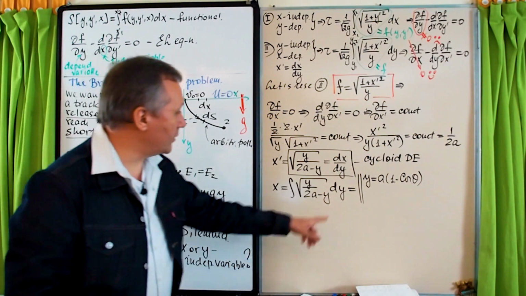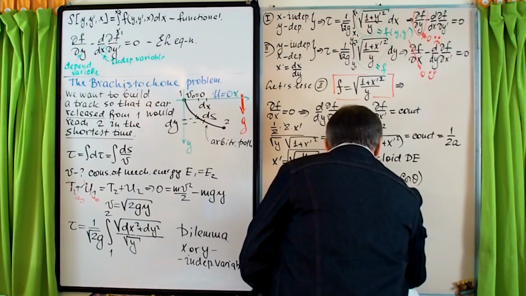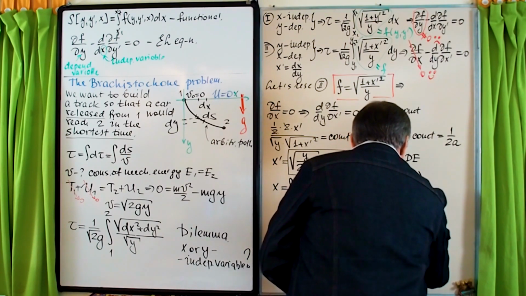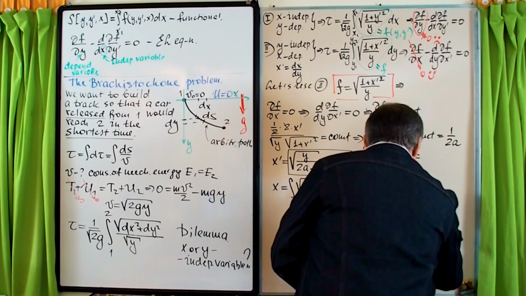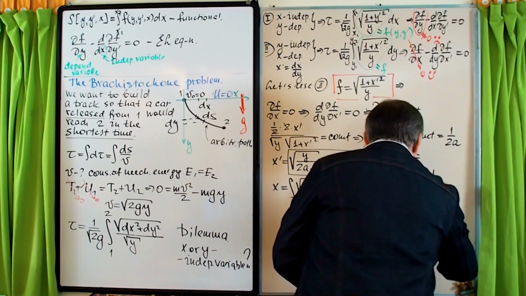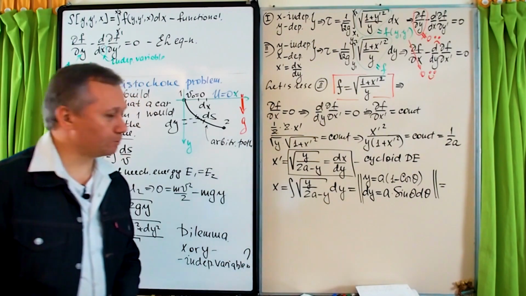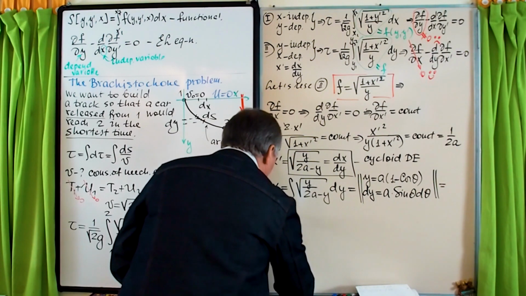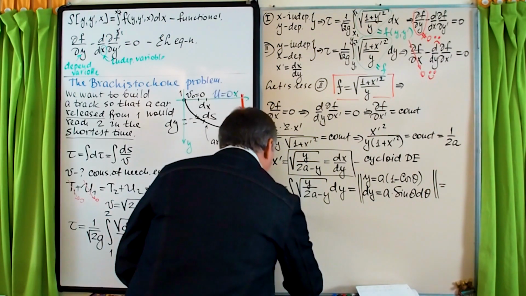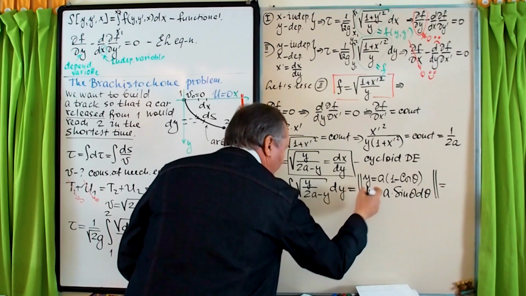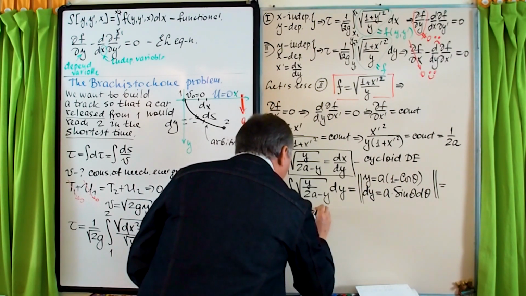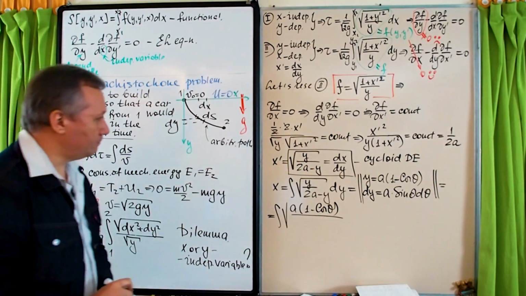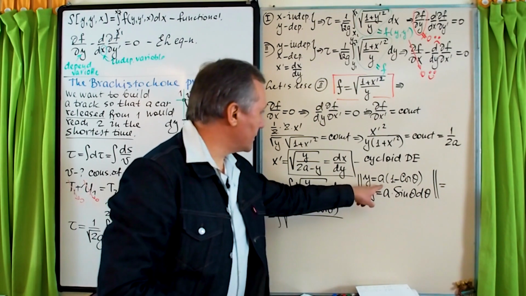So now we also need dy, so let's take dy. dy will be equal to, okay, this is minus, so a sine theta d theta. Okay, so let's plug it in. Replace it. And we will end up with the square root of y, which is a times 1 minus cosine theta, divided by 2a minus this.